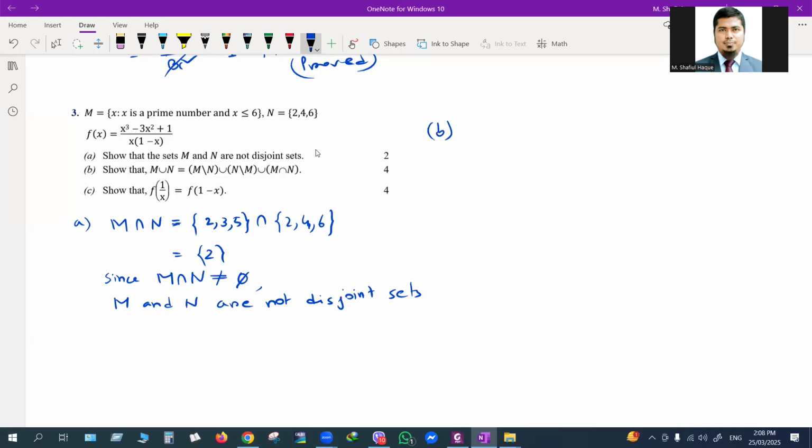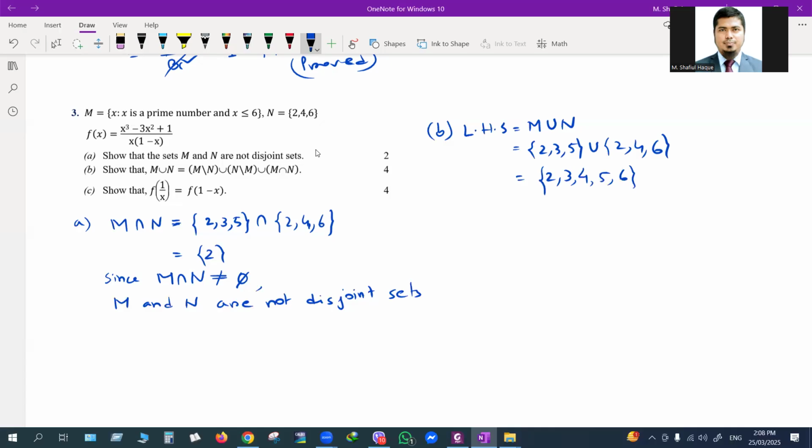Given that M union N, we have M as 2, 3, 5. M union N is 2, 3, 5 and 2, 4, 6, so 2, 3, 4, 5, 6.